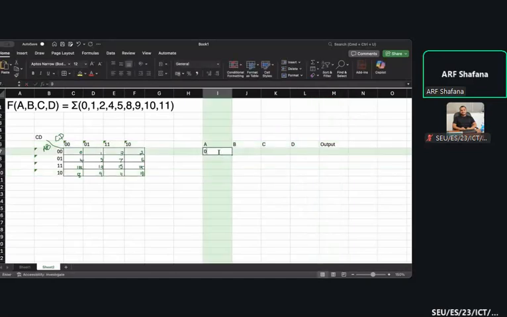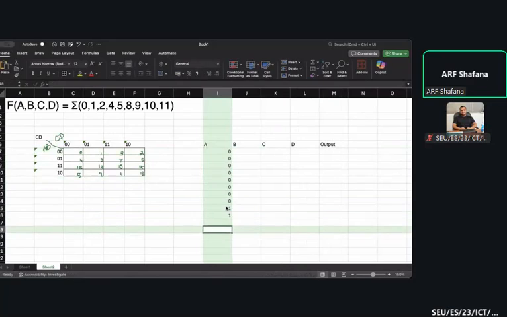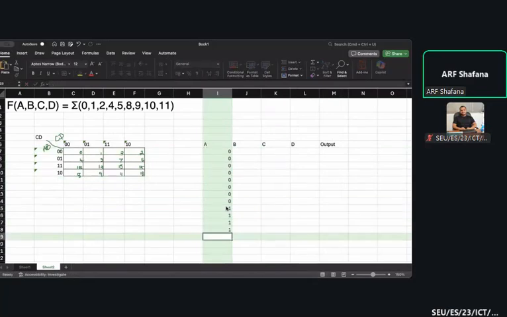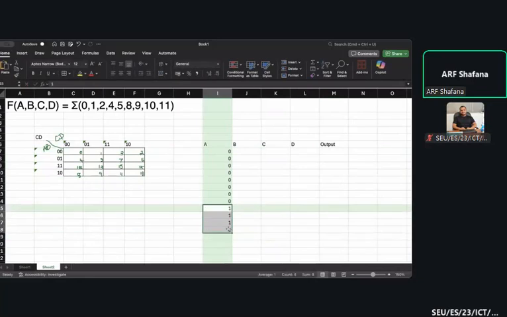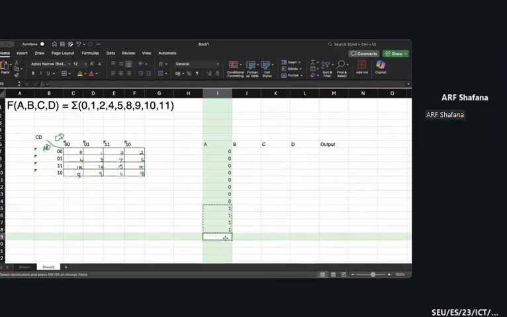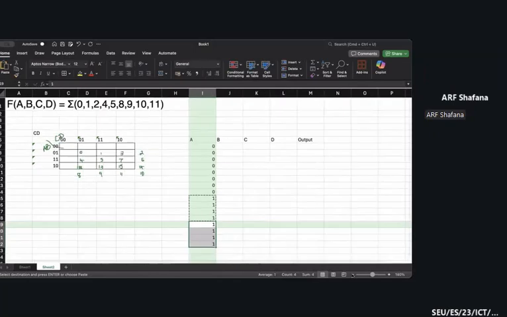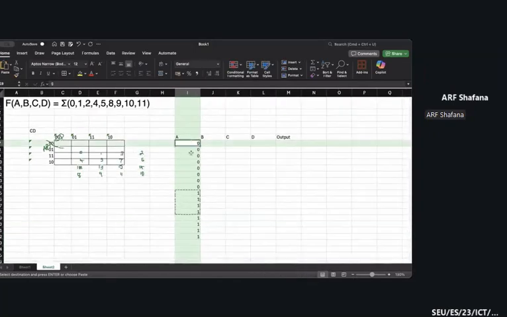Here, this is going to be 0, 0, 0, 0, and again 1, 1, 1. Just look at the truth table, how this is working.